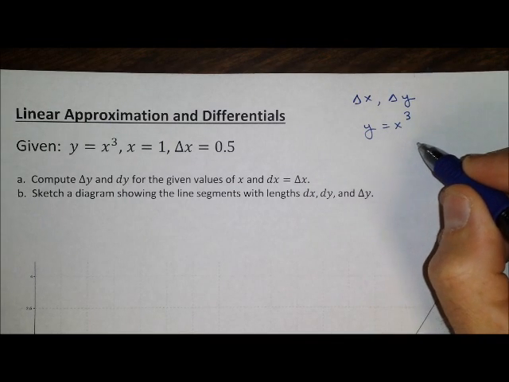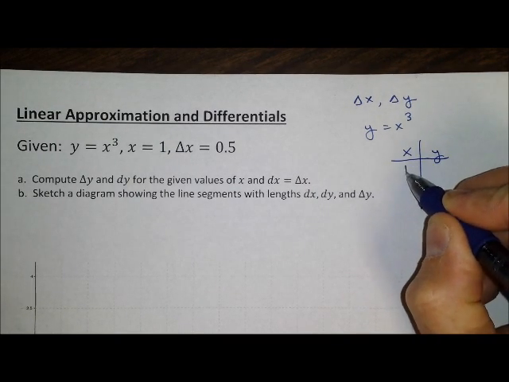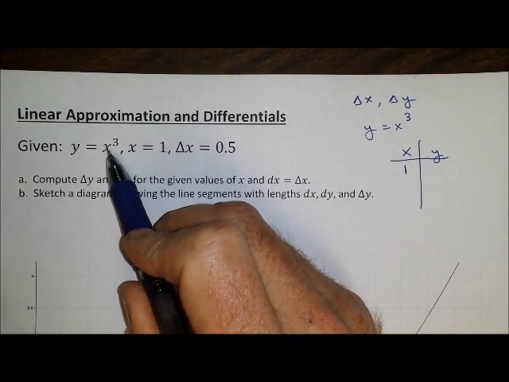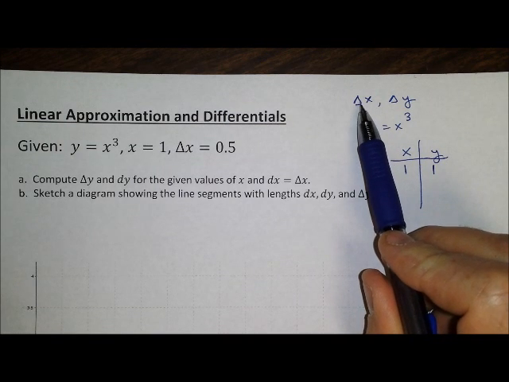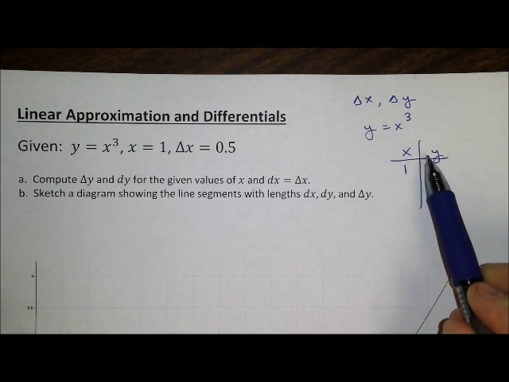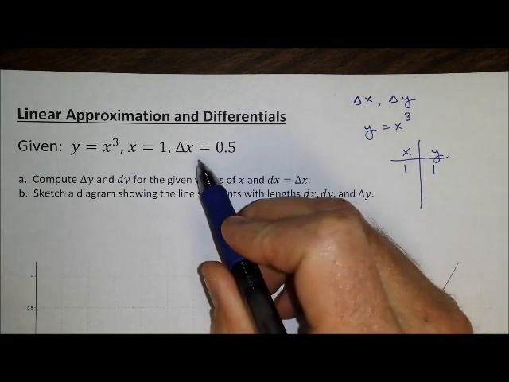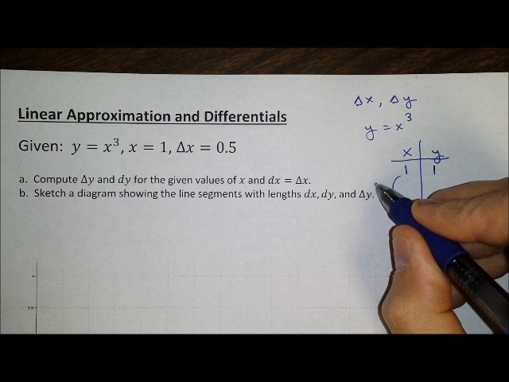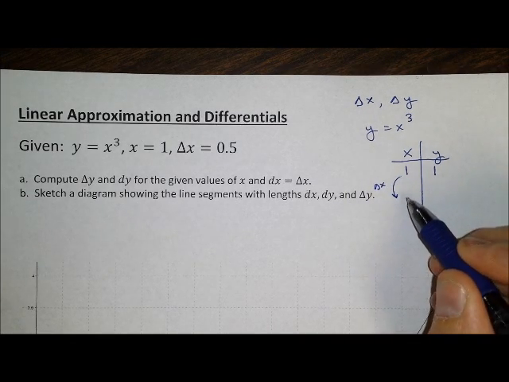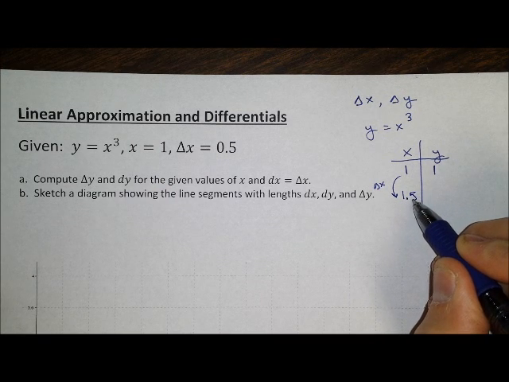Okay. So on this function, when x is 1, plug in a 1, y will also be 1. And since delta x and delta y have to do with this function, let's see what happens here. When delta x is 0.5, so the change in x is going to be 0.5, let's change this x value by 0.5.